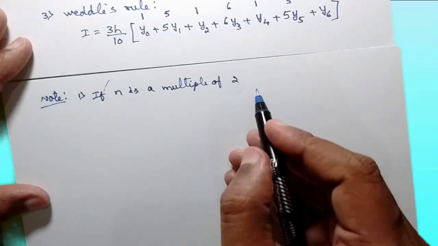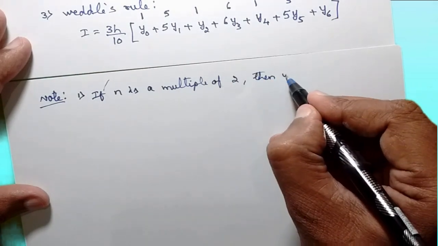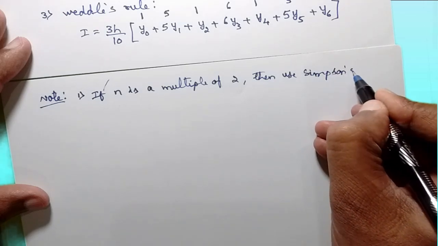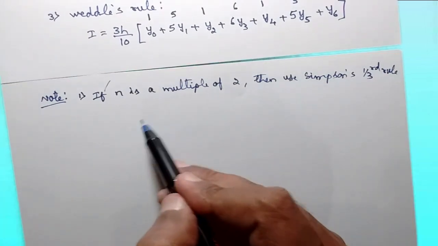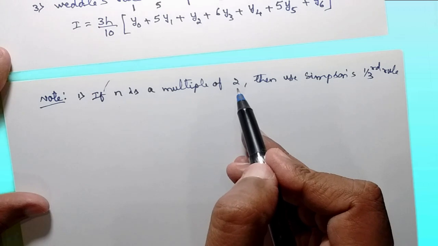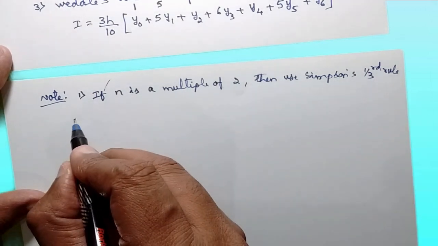Suppose n is a multiple of 2, then use Simpson's 1/3 rule. The number of values of x, if it is a multiple of 2, means n is a multiple of 2, then we have to use Simpson's 1/3 rule.